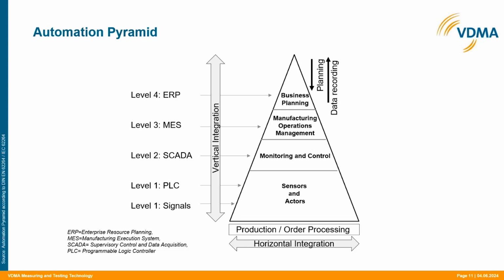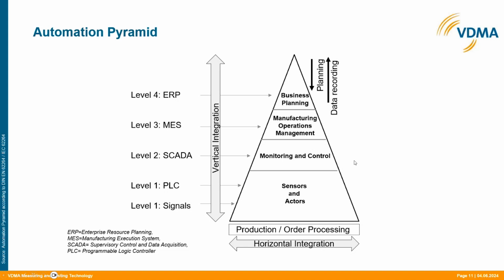This is the vertical automation pyramid, where you start with sensors and actors, then you go higher up the automation pyramid to monitoring and control systems, then to manufacturing and operation systems, and you end up with a global enterprise resource planning system. So the data is transferred from the bottom up, and the planning goes from the top down.